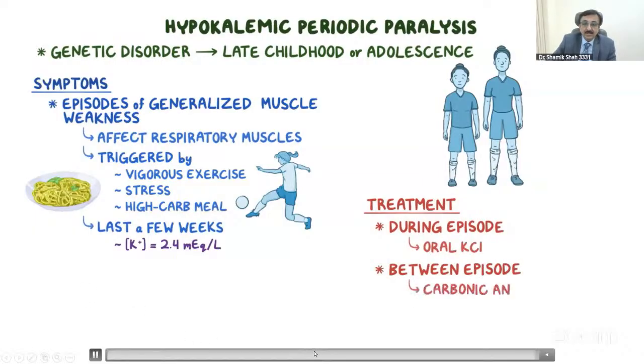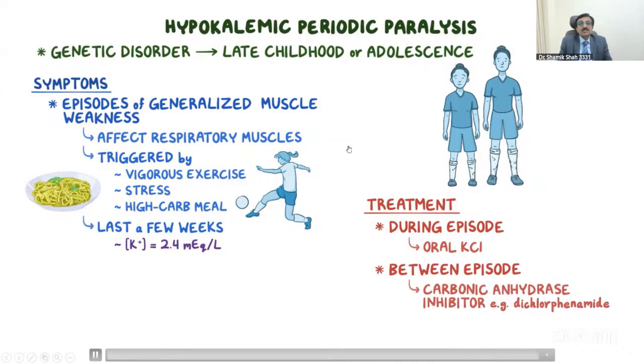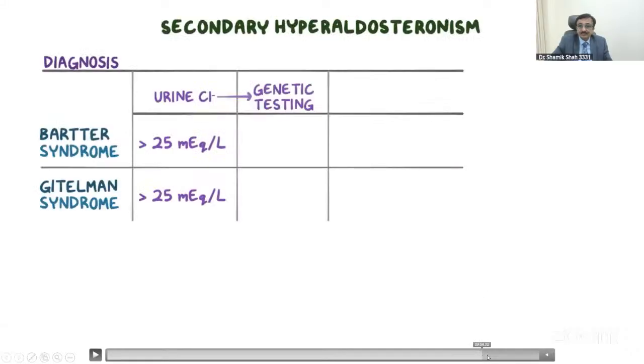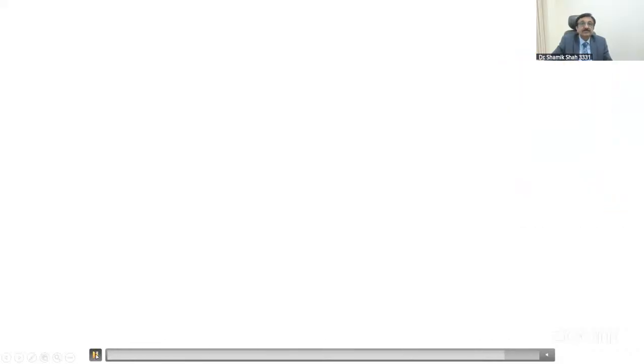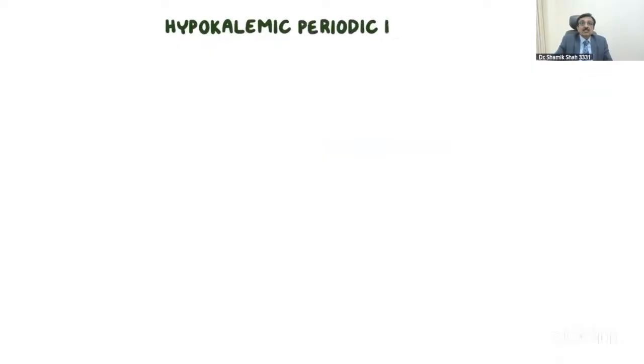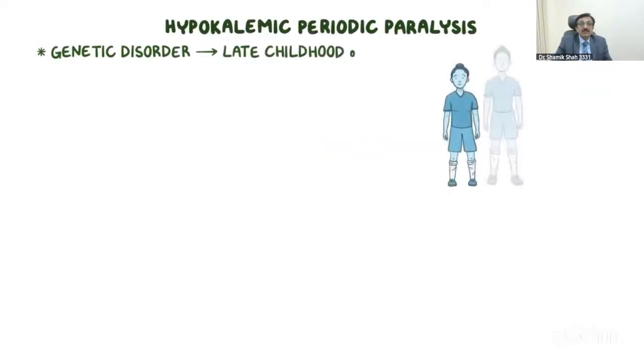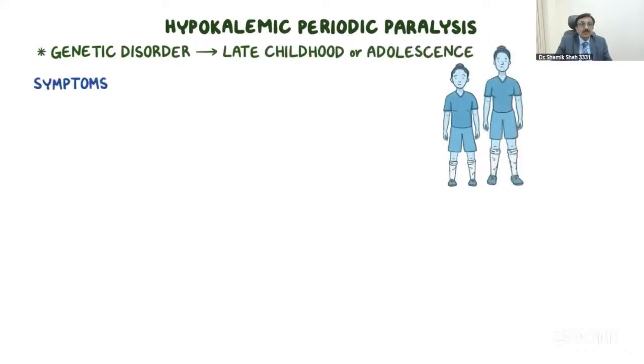Yes, Dr. Shah. So we talk about hypokalemic periodic paralysis, which is another cause of hypokalemia. Let me just go back to that. In hypokalemic periodic paralysis, this is a genetic disorder which is manifested in late childhood or adolescence.